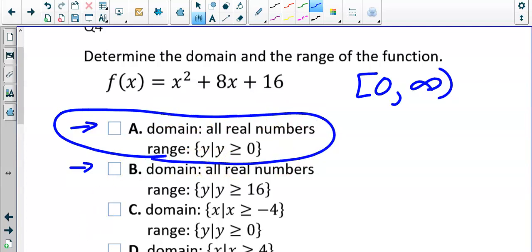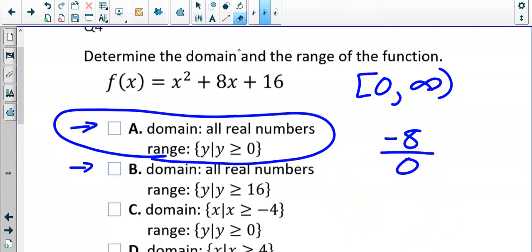Another way you can think about this is once you know the vertex, because we can find the vertex algebraically. The vertex of this guy is -8, comma 0.